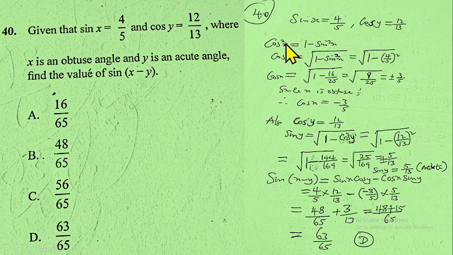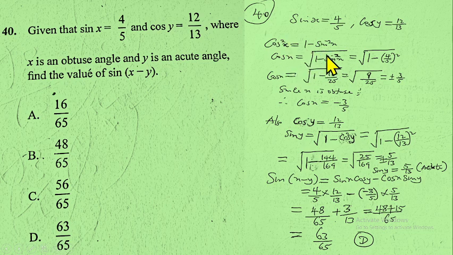We know that cos square x is equal to 1 minus sine square x, from the identities of trigonometric ratio: sine square plus cos square gives us 1. So cos square x is 1 minus sine square x, and we can find cos x by taking the square root of both sides.